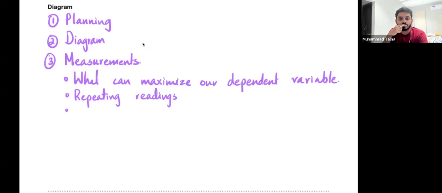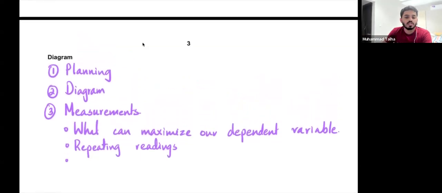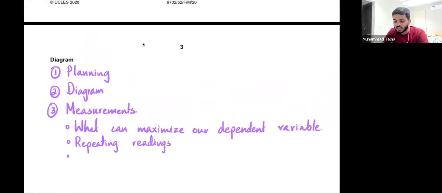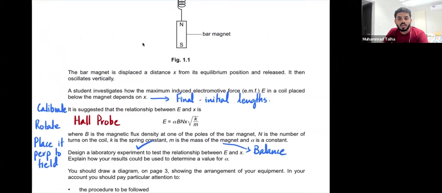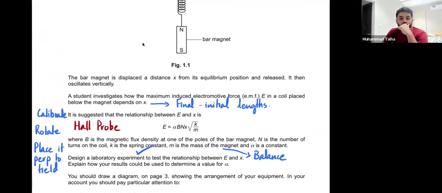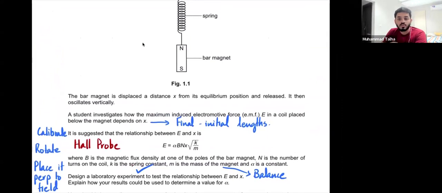So yeah, that's a pretty good enough explanation regarding this. Some things are also context dependent. So for example, for the spring constant, you would say that to ensure that this is not deformed, you should not use a very heavy magnet.